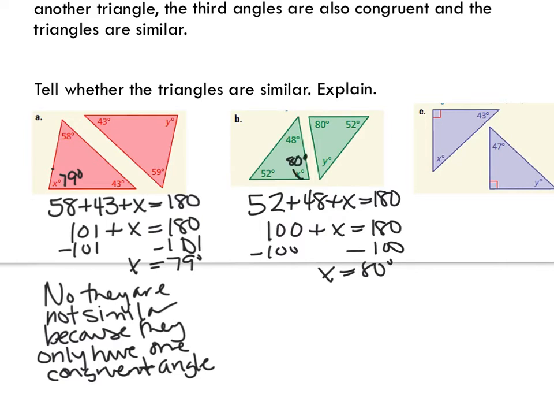So again, I started out with 52 degrees as one of my congruent angles, and then 80 is my other congruent angle. That means the only way that I can go 52 plus 80 and then subtract it from 180, I would automatically have this third angle congruent as well. That's the only way that I can add up to be 180 degrees.